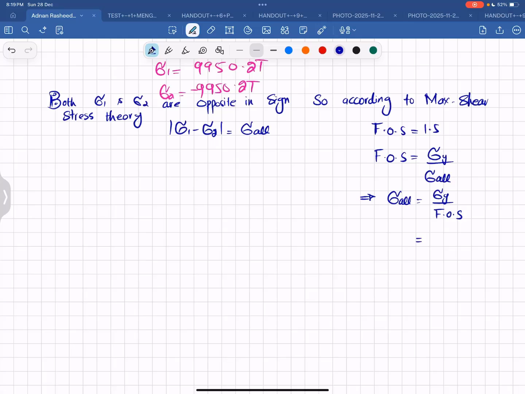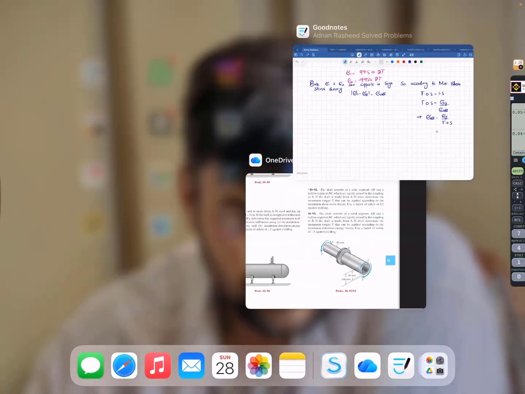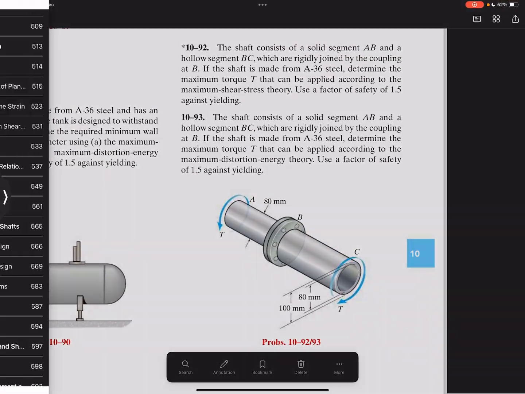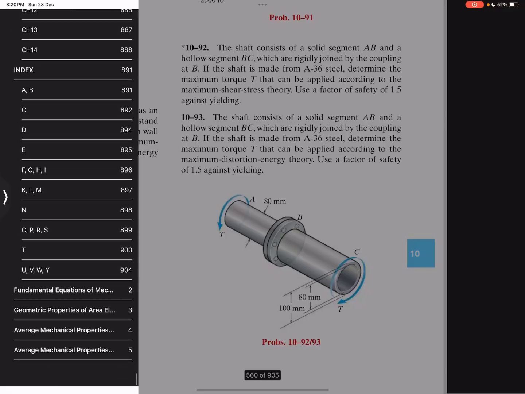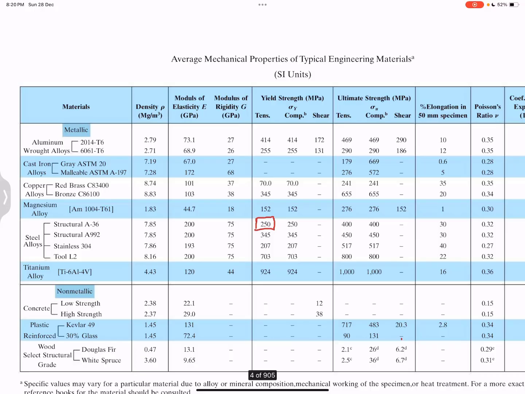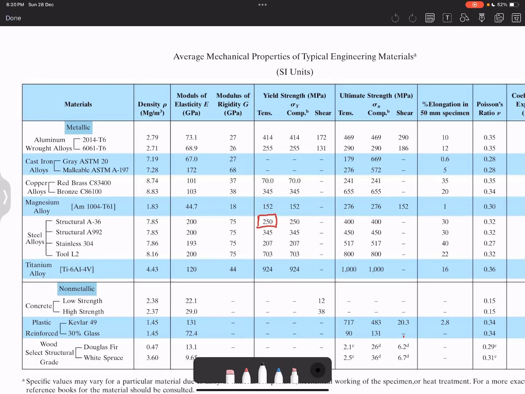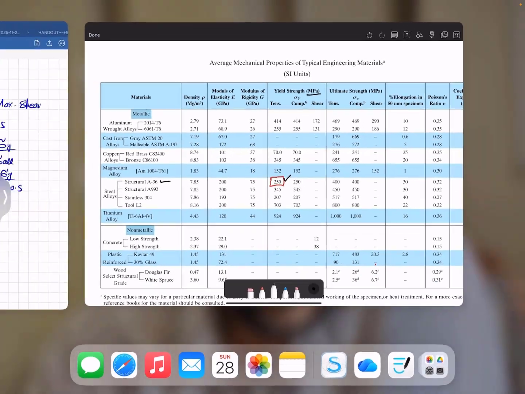Sigma yield is not given, but the material is given, that is A36. So you have to go to the end of the book, to the average mechanical properties table in SI units, and you can see A36 is 250 megapascal. This is A36, the tensile strength, and the unit is megapascal.